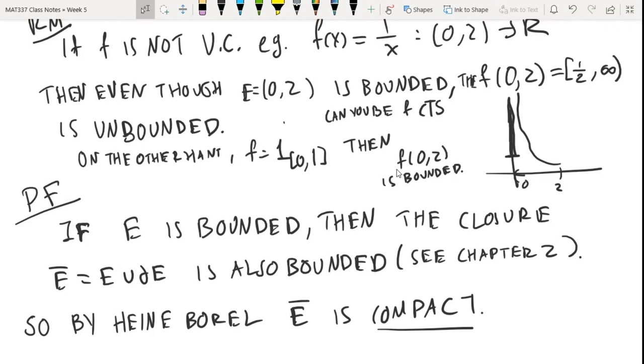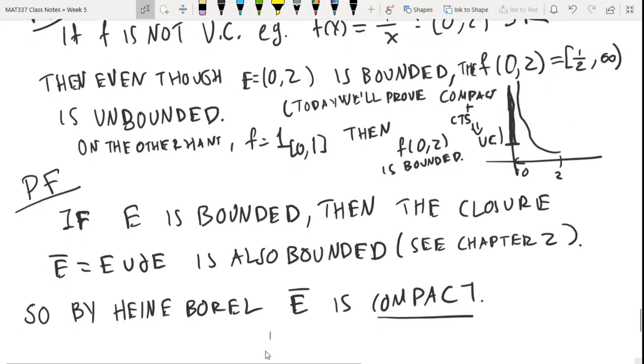No, like we will prove today. So today we'll prove that compact plus continuous implies UC. Yeah, we'll come back to this discussion. Yeah, this is very interesting. Thank you.